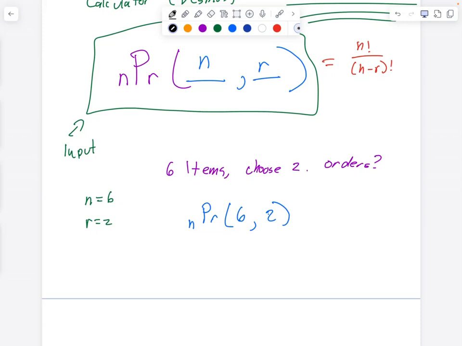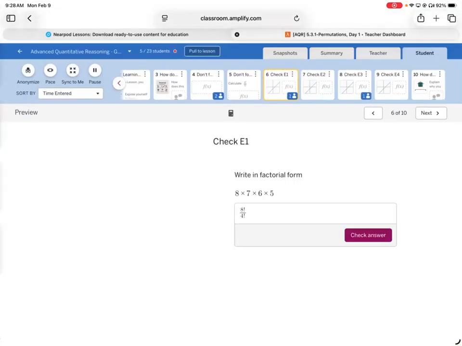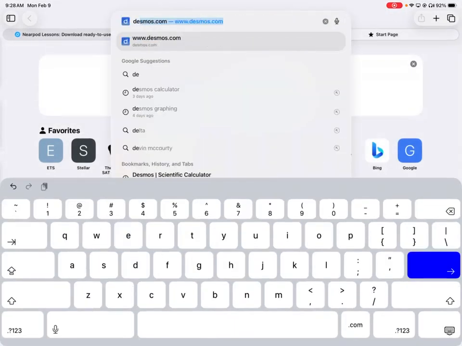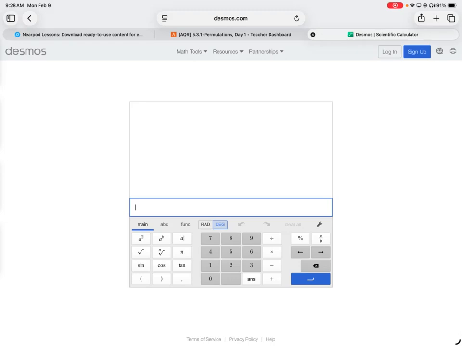Because order matters, this tells me it's a permutation. And so my answer would be nPr, where n is 7 and r is 3, so it's 7, 3.